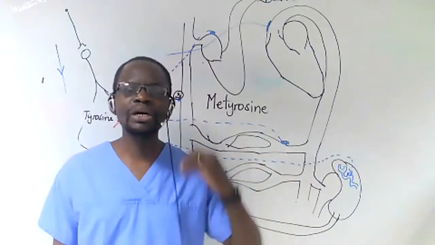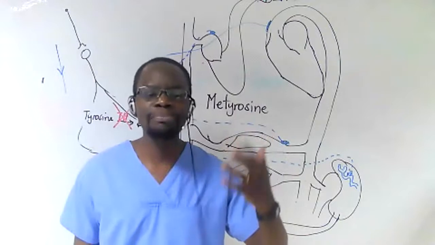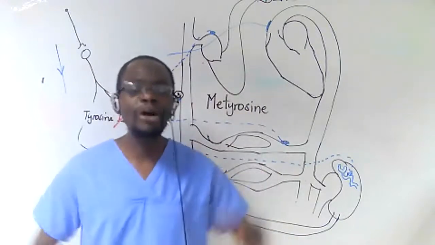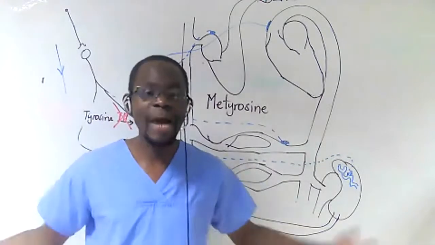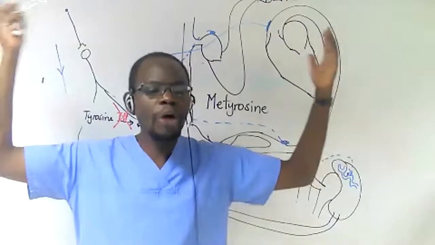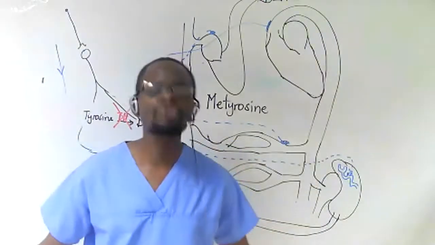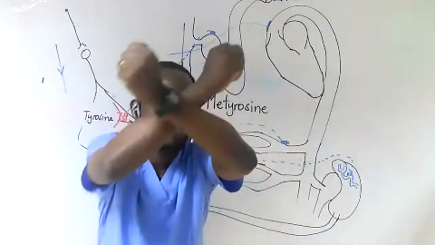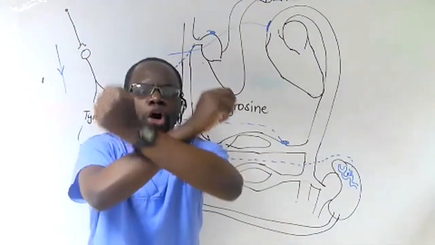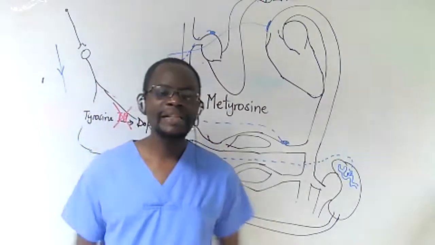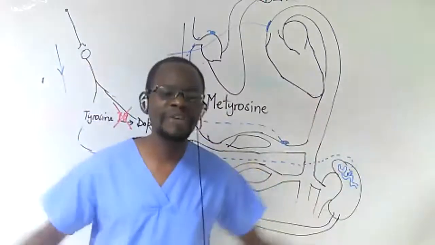They inhibit a significant number, but not everything. Otherwise, your whole cardiovascular system would crash. They don't completely cut off everything. Instead, they reduce a significant number.